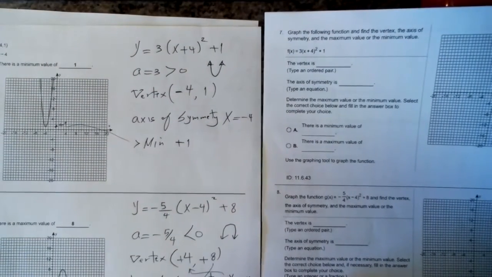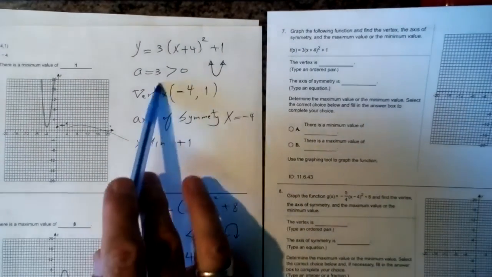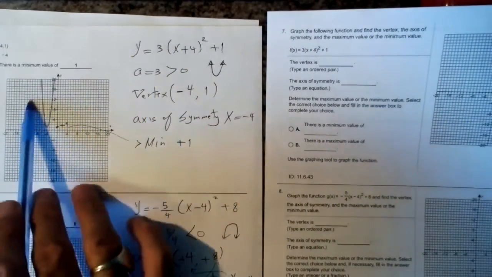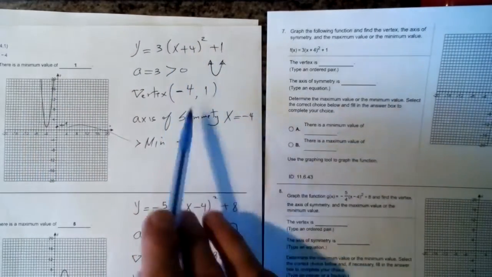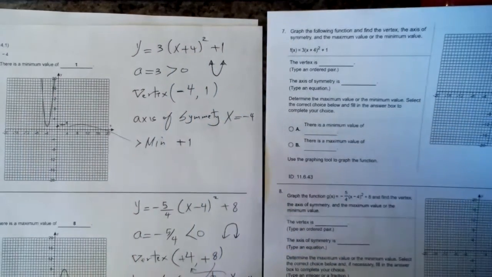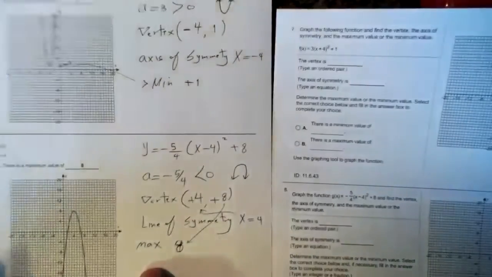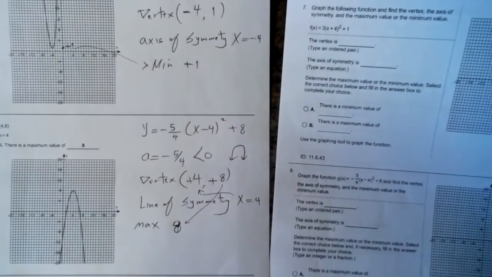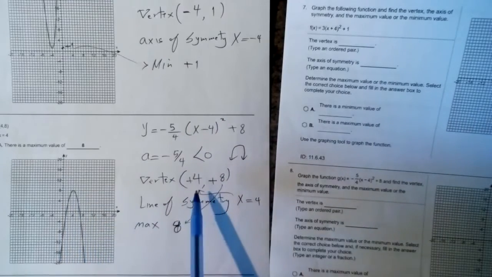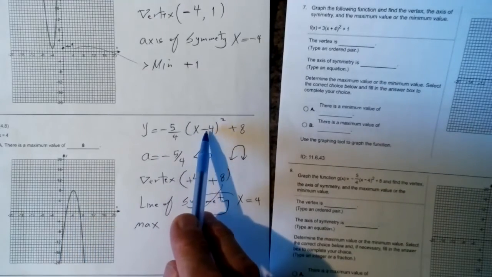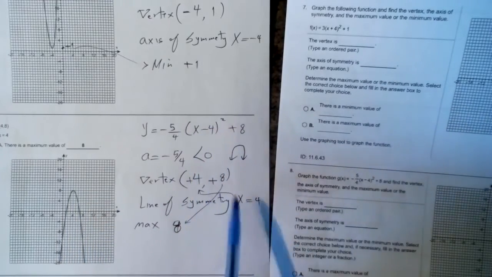Now this one is very similar. Greater than 0. Vertex is opposite of 4, negative 4 and 1, and so on. a is negative, downward. Vertex is opposite of -4, which is 4, and 8.